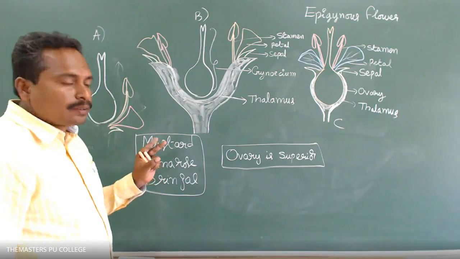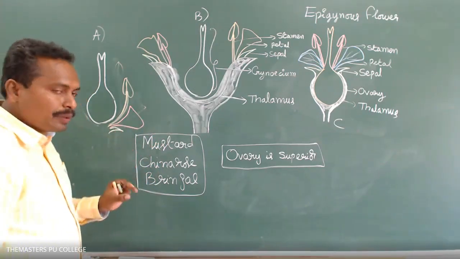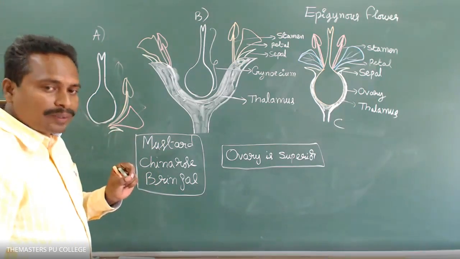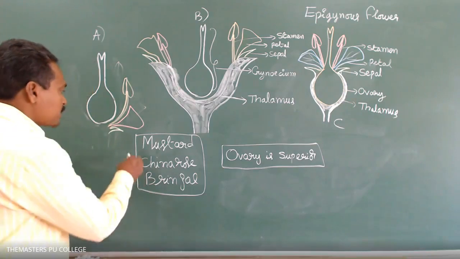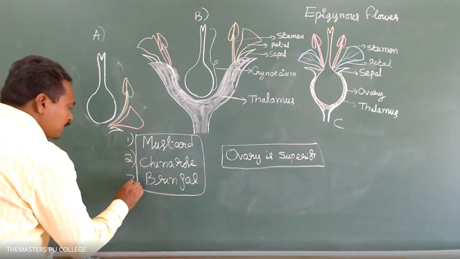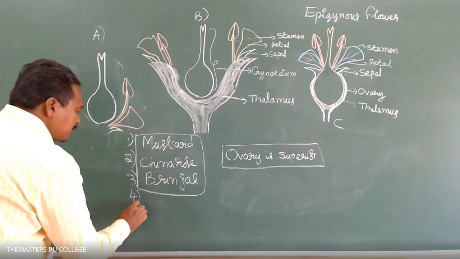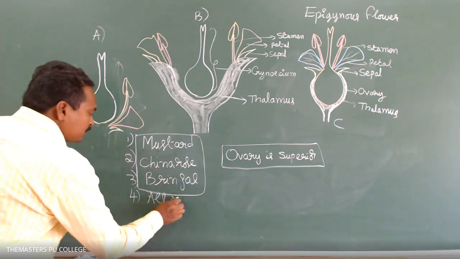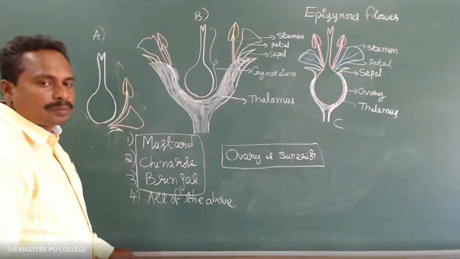Now, the flowers are hypogynous in which of these? Option 1 is mustard, option 2 is China rose, option 3 is brinjal, option 4 is all of the above. Correct answer: all of the above.